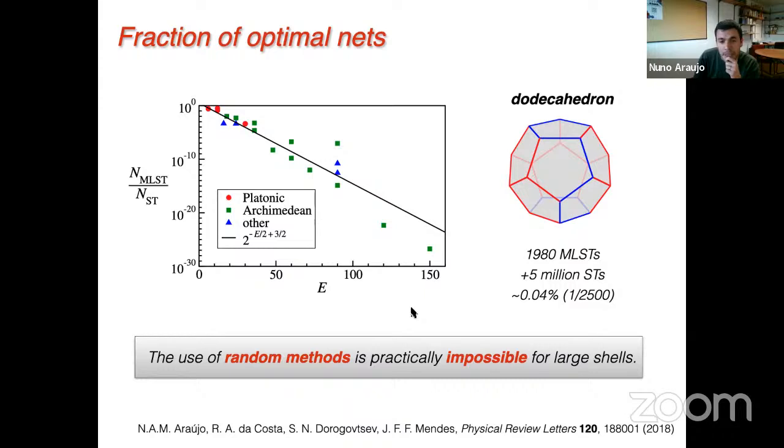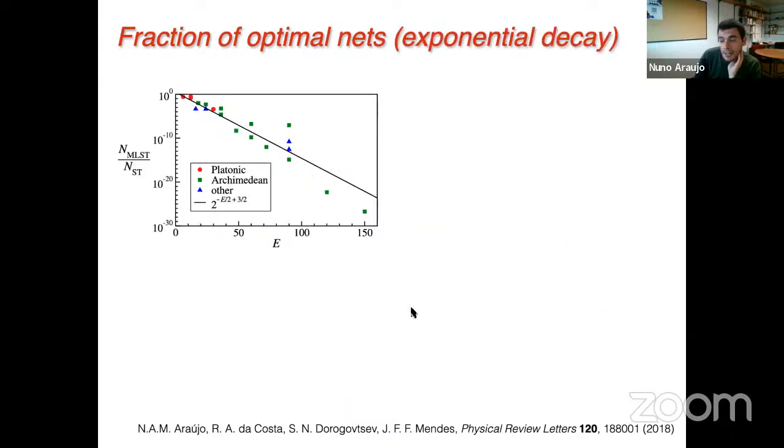In fact, we can explain this exponential decay by setting an upper bound for these quantities. In particular, if you think about the number of spanning trees, a spanning tree is a loopless structure that has as many nodes as the number of vertices in the system. So it has V-1 edges, where V is the number of vertices in the system. So the maximum number of spanning trees is a combination of all the edges you have, taking V-1.